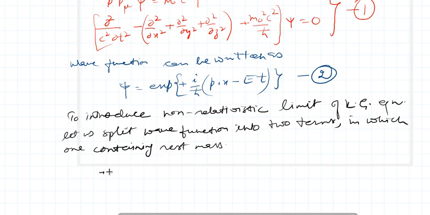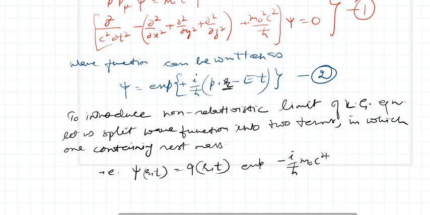That is, this psi as a function of r, t can be written as phi of r, t. Here it should be r, not x. Times exponential of minus iota over h cross m naught c square t. So this contains the rest mass term, right?